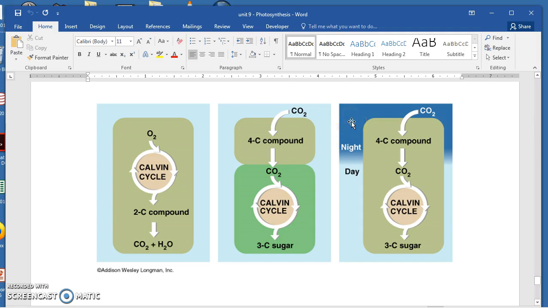The third plant, the crassulacean acid metabolism plant, the best example of this that I can give would be cacti. Desert plants would tend to be crassulacean acid metabolism plants. I refer to them as CAM plants for short. What's different in the CAM plants from the C4 plants is that the carbon dioxide is fixed at night.